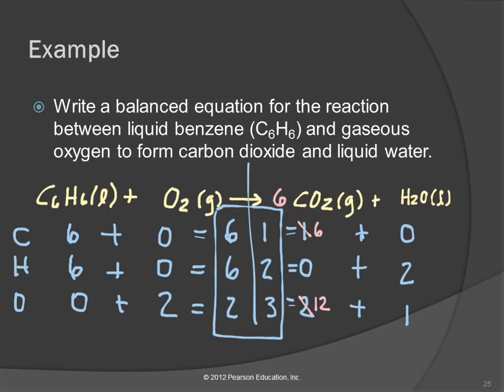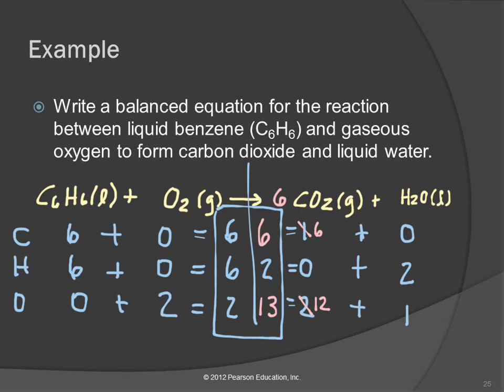Because 6 CO2s, there's 2 oxygens in each, and we have 6 of them. 6 times 2 is 12. Isn't it 13 oxygens? We have 12 from the CO2. Yes, that is a good point. So now I'm going to adjust my totals. I've got 6 plus 0 is 6, and down here I have 12 plus 1. I have a total of 13 on the right side.